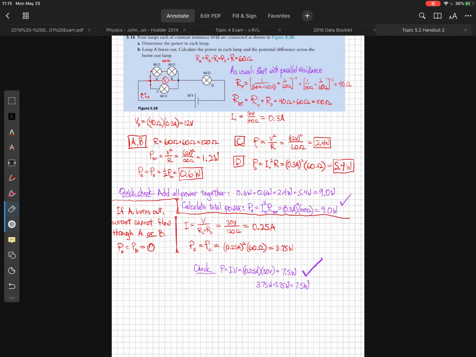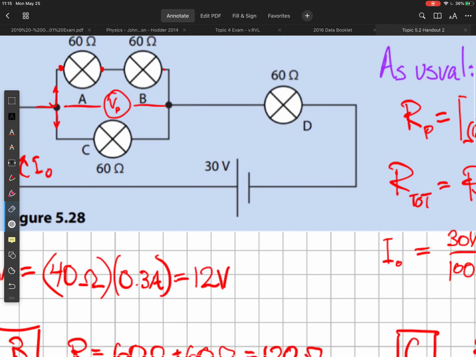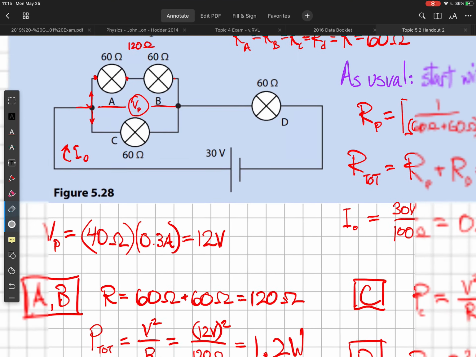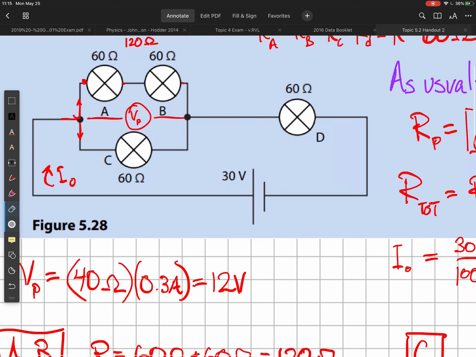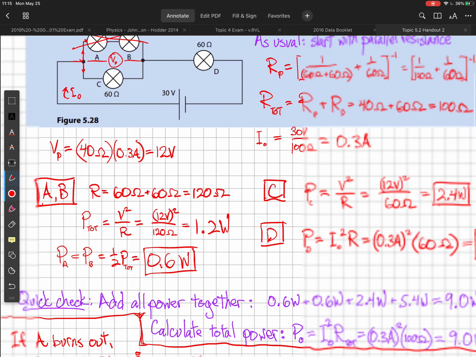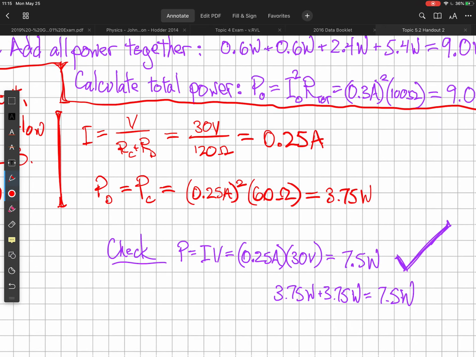Last one. All right, so we're looking now at the power across D and C, and these are now just in series. Okay, so D and C are going to be in series with each other because this is no longer a parallel component. It's now just a full-on series circuit.